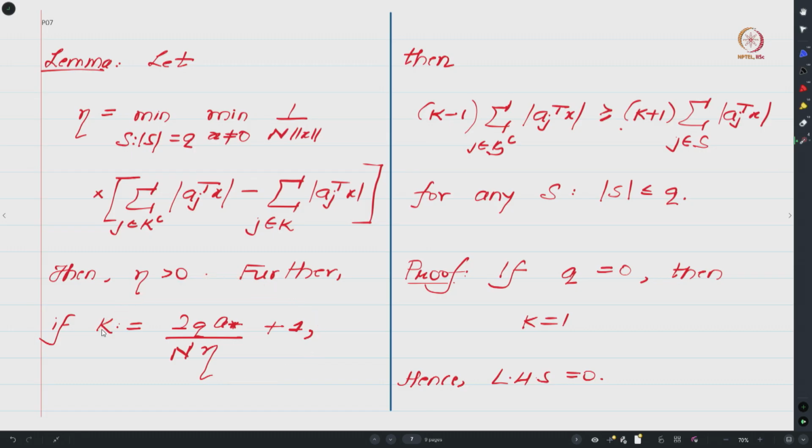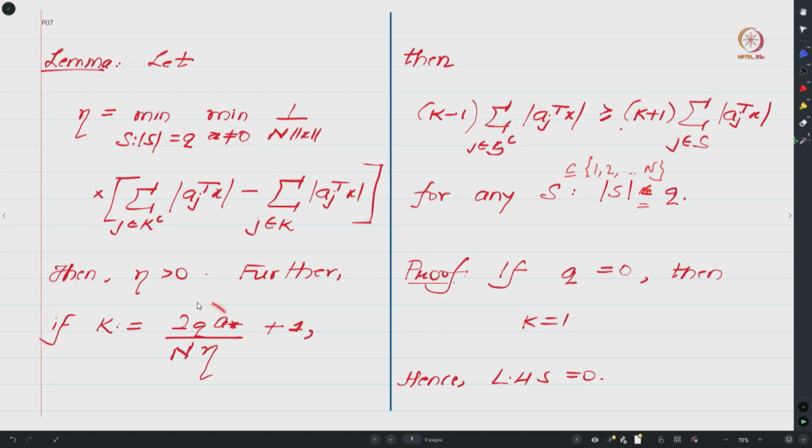So this is your k, and the claim is that you give me any S, which is a subset of 1 to n, any set S whose cardinality is equal to Q. Then the claim is that such an inequality holds, that is, k minus 1.